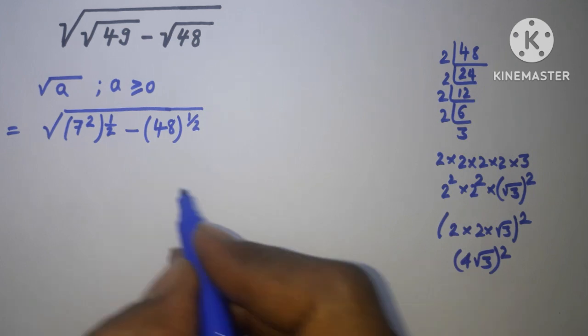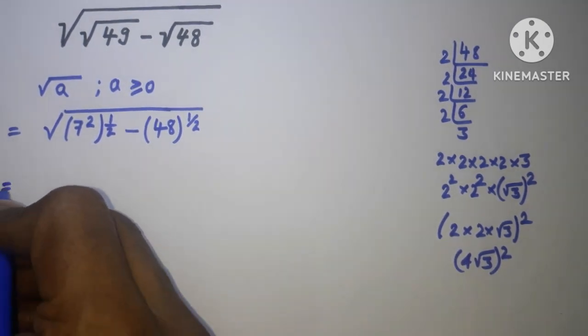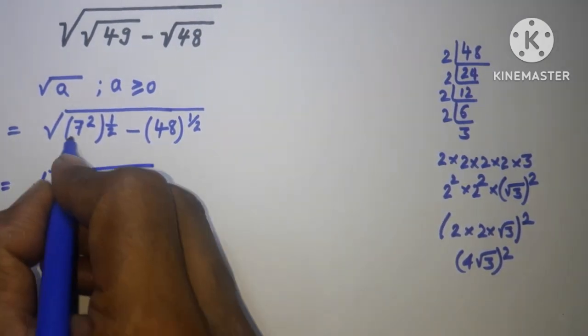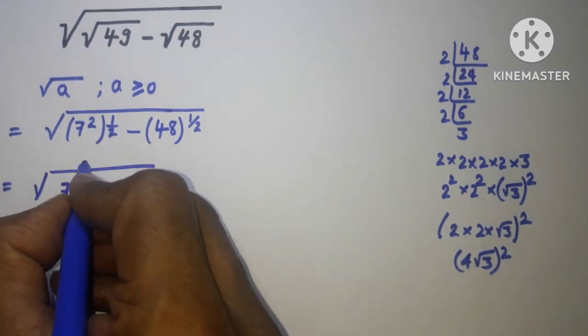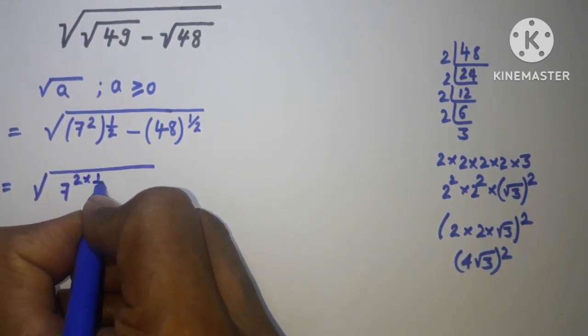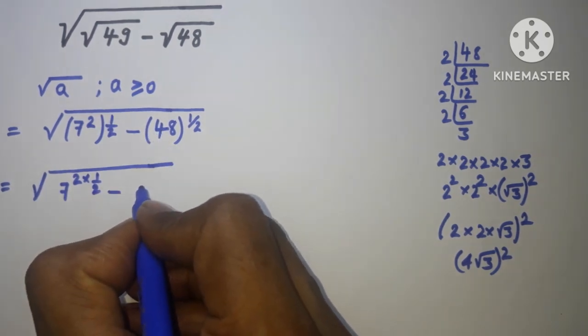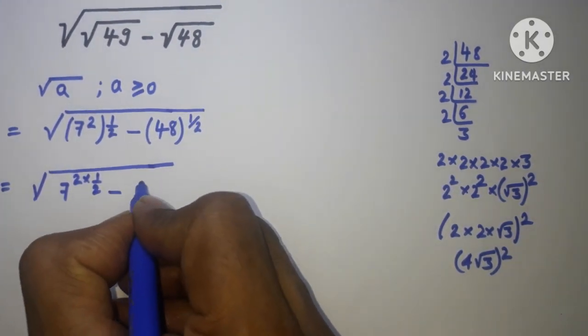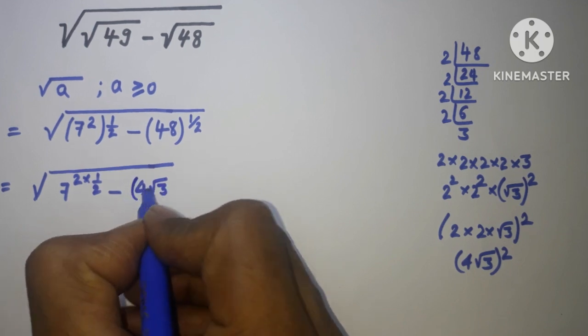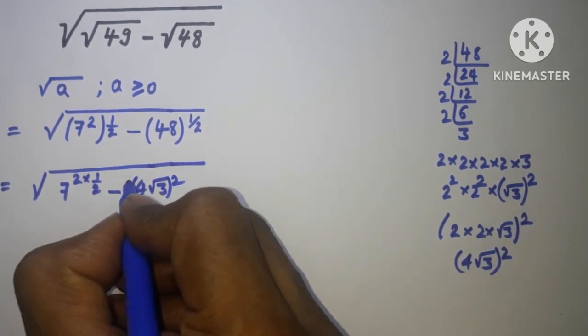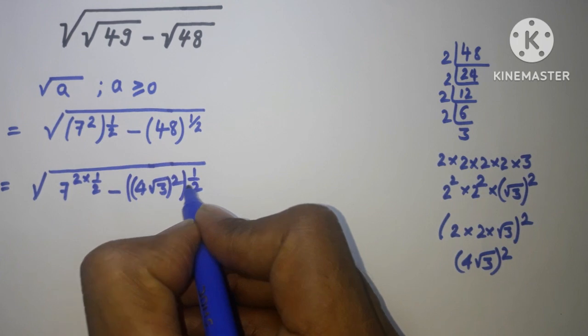So that one I am going to use here. Here we have root under, and this is going to be 2 into 1 upon 2, and this 48 can be written as I have written here, 4 root 3, and this is square, and there is a power 1 upon 2.